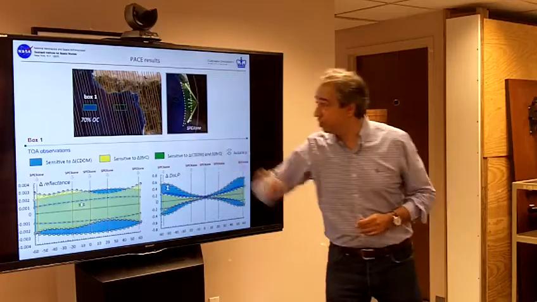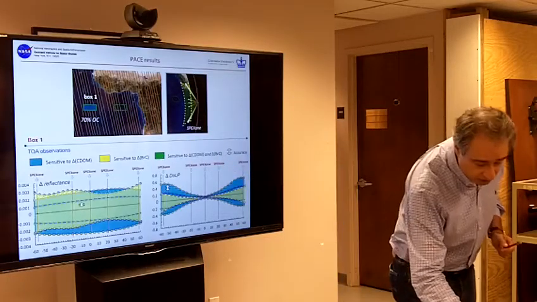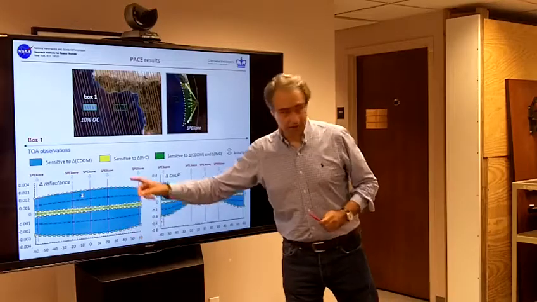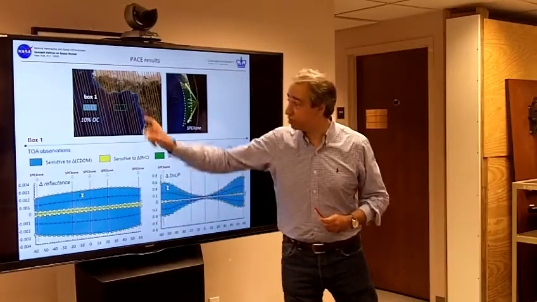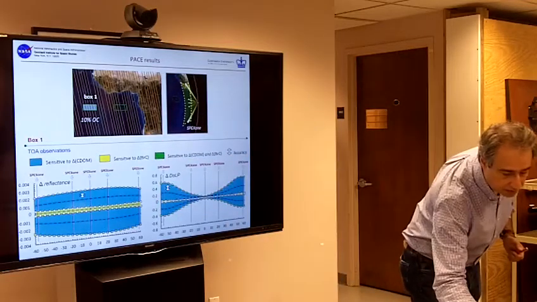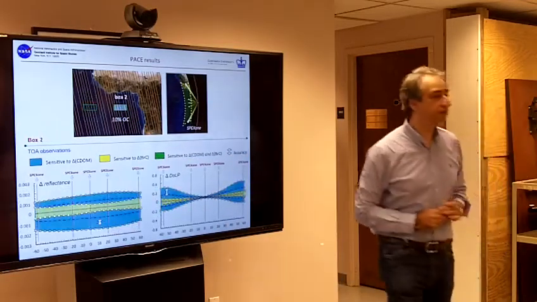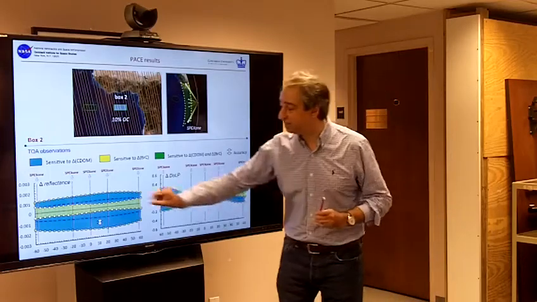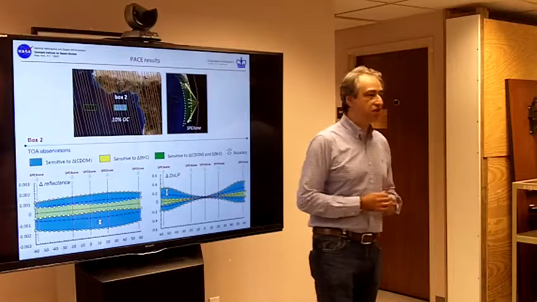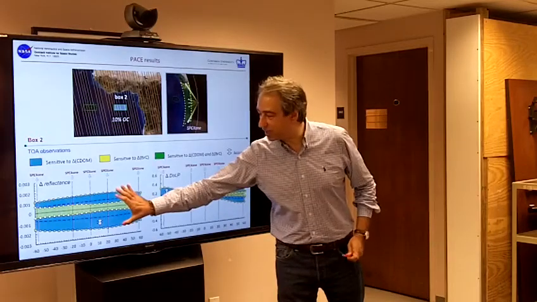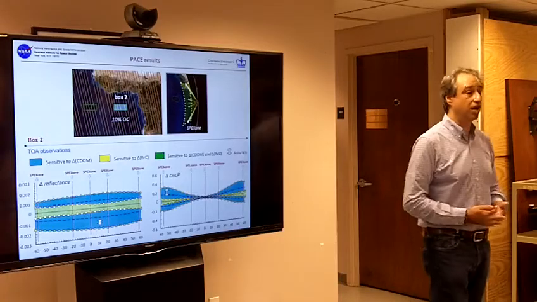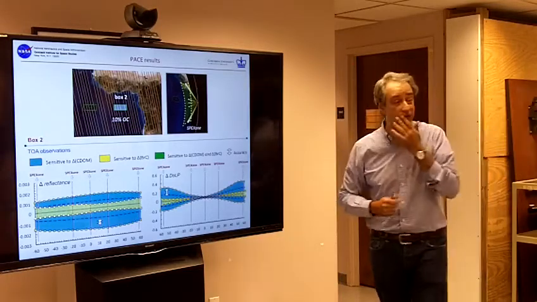So if you're now going to look at box 2, this is first box 1. Remember, this was the picture for box 1, and I'm now going to look at box 2 for 10%. That is here. And what you're seeing here is indeed green becomes larger and blue becomes a little bit smaller, which essentially is saying that you're going to get less sensitivity to CDOM, the reason being that the ocean is darker, so it contributes less to the top of the atmosphere.